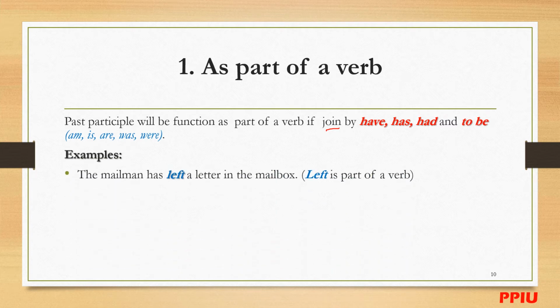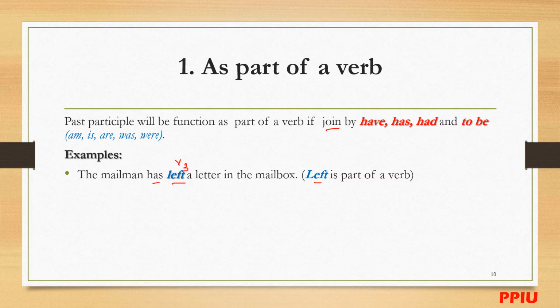Example: the mailman has left a letter in the mailbox. So left here is part of the verb, joined by has. It is the past participle, or in grammar we normally call it verb 3, right?